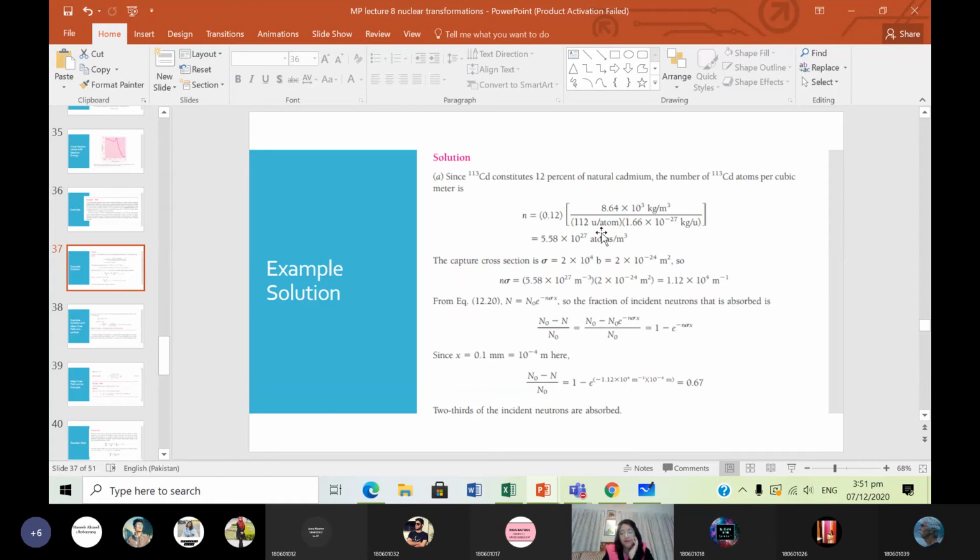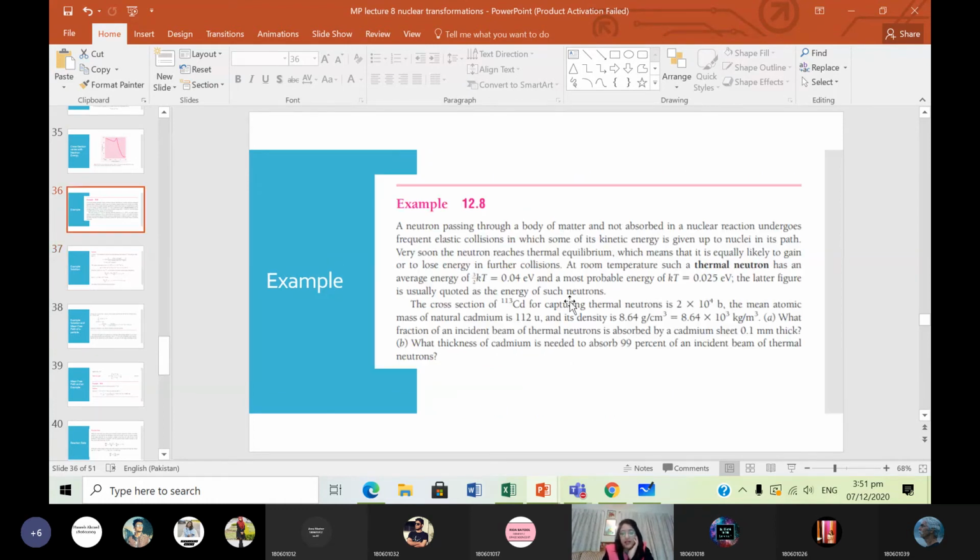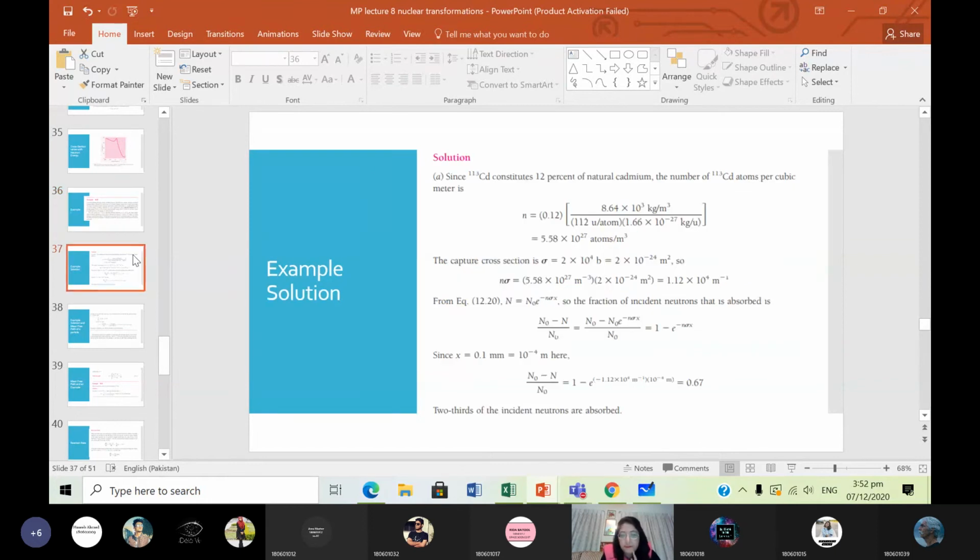Okay? So we know that this is the total mass of this cadmium here. 8.6 times 10 raised to power 3 kilogram per meter cube is its density. Okay?